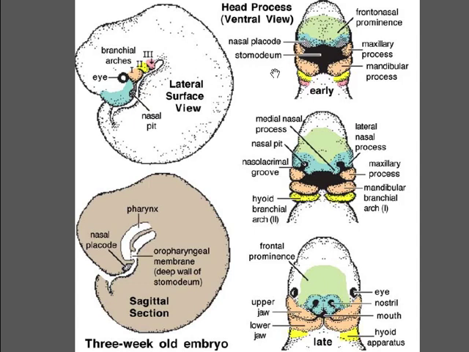On the right, we see 3 stages of development looking at the embryo from an anterior view. Here we see the frontonasal prominence, which is growing out and contributing the incisor region of the stomadeum. Meanwhile, the first pharyngeal arch develops a maxillary and mandibular process to form the jaws.